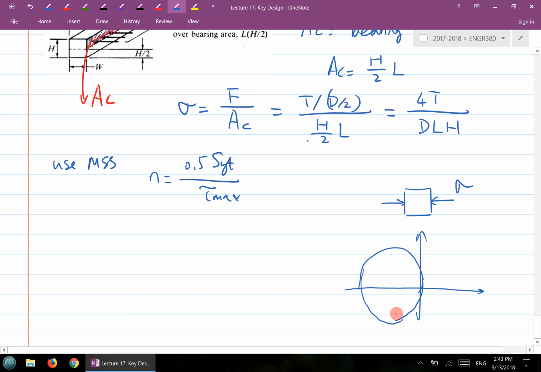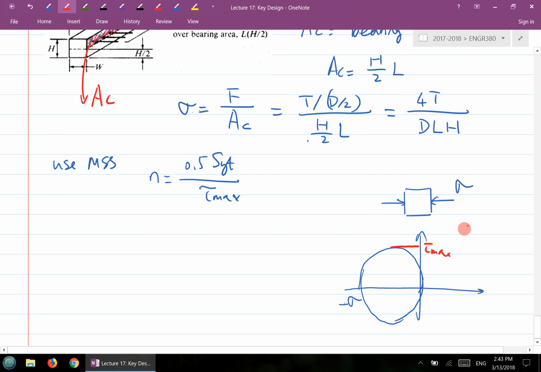You get a negative sigma like this, and sigma is this value. Based on this Mohr's circle, the maximum shear stress is right here.